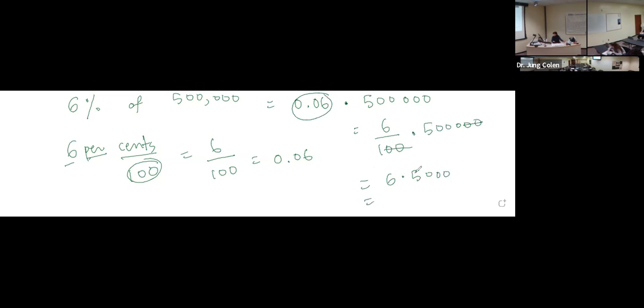Okay, so what's 6 times 5,000? 30,000, right? 6 times 5 is 30, and we have 30,000. So what is 30,000? That's how much you withdraw annually, right? When you want to have your assets last 21 years. Make sense? What's the second question then? How much should a retiree have in assets?